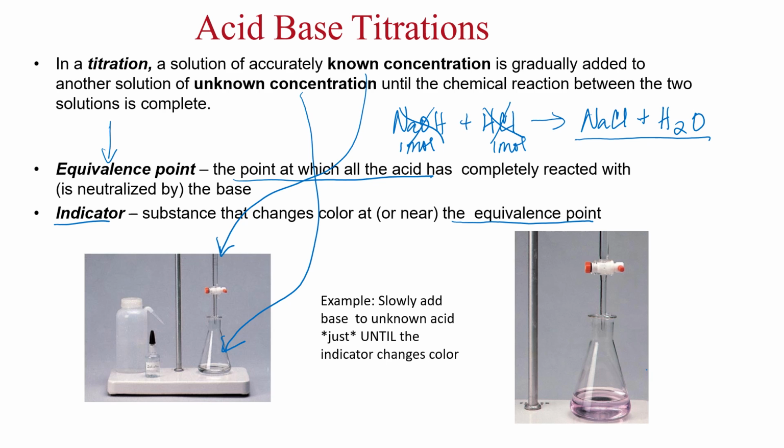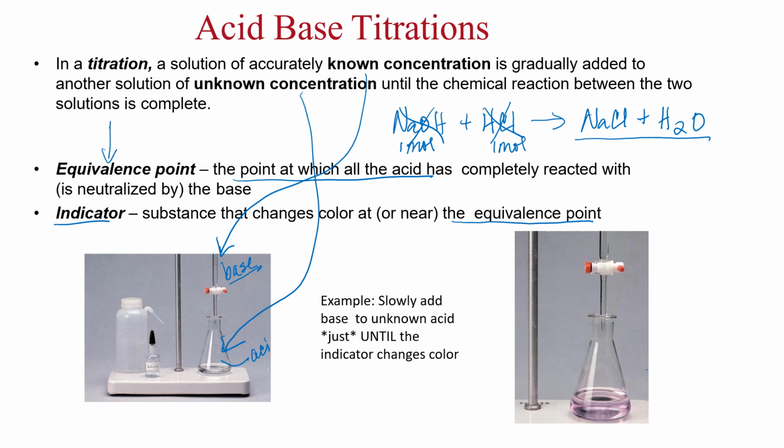And I'll explain why. But let's imagine for a minute here that we are slowly adding a base to an unknown acid until something happens to that indicator that it changes color. So in here we have a base of known concentration, and in our Erlenmeyer flask, this is a burette, by the way, where the base is, we fill this burette with base.